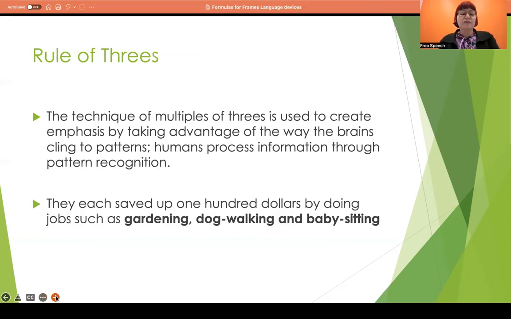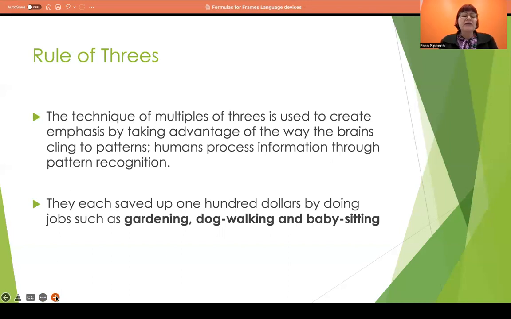Rule of threes. I think that in one particular story, in Ferris Wheel Fire, there's a lot of rule of threes. And we know that the technique of threes is used to create emphasis by taking advantage of the way brains cling to patterns. Humans process information through pattern recognition.